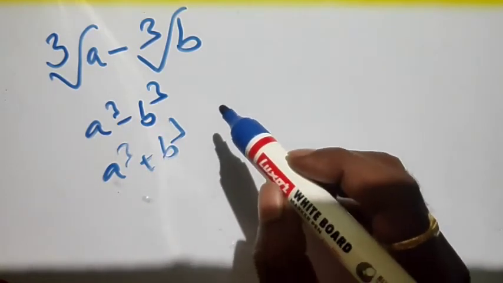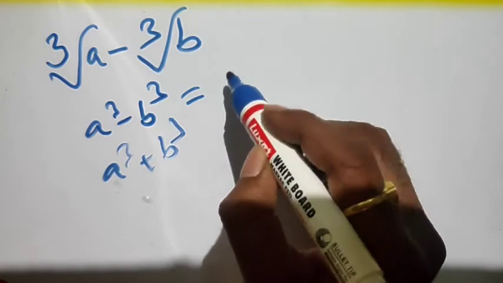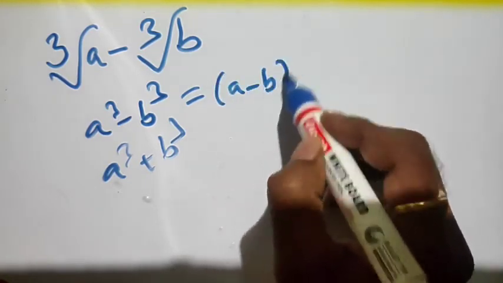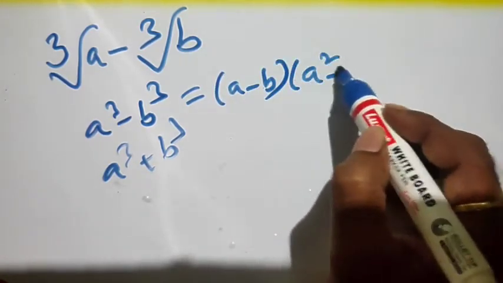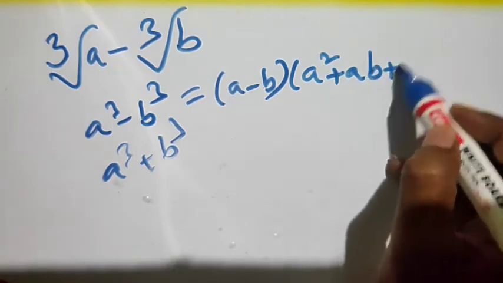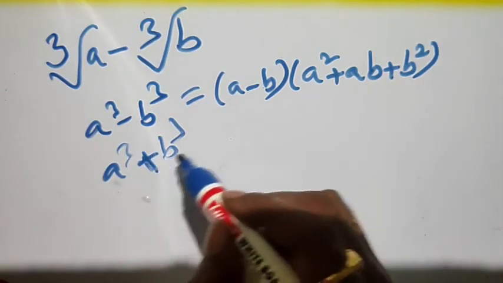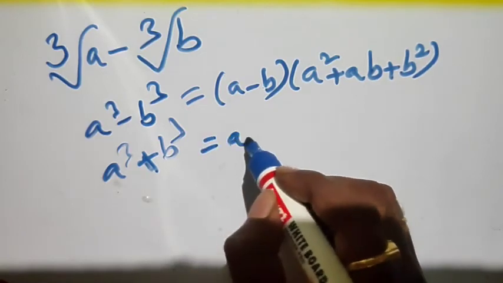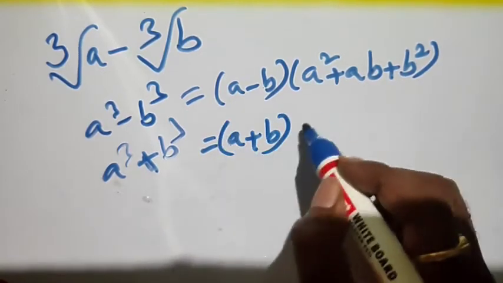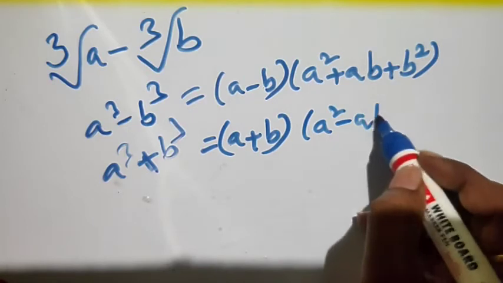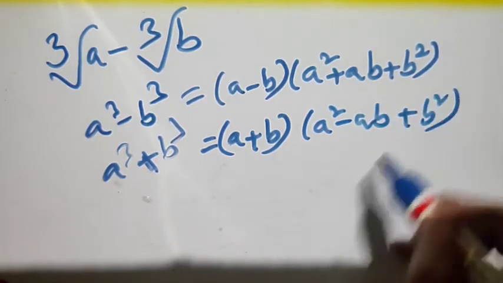So what is the formula of a cube minus b cube? a minus b into a square plus ab plus b square. Similarly, the formula of a cube plus b cube is a plus b into a square minus ab plus b square. Is it clear?